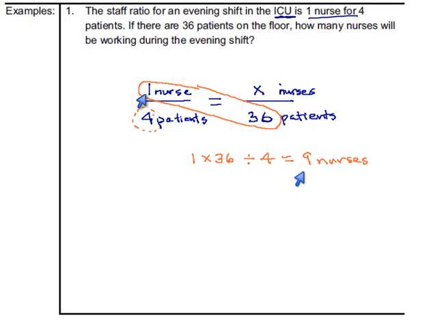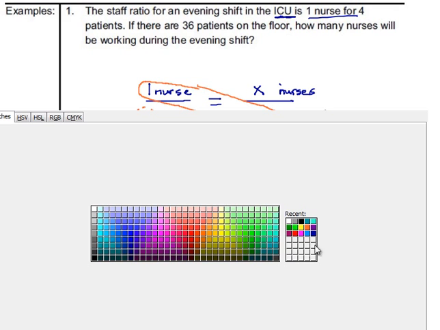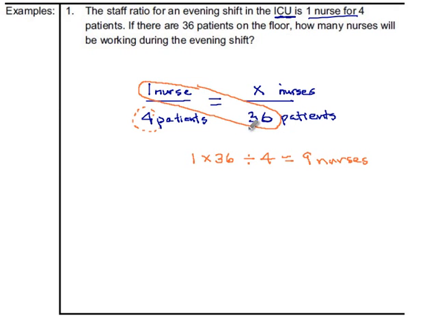Now, I want to point out, as long as these units are lined up, it doesn't matter which one is on top and which one is on the bottom. So if somebody sitting next to you writes it this way, they could say patients on top. They could say for every 4 patients you need 1 nurse.